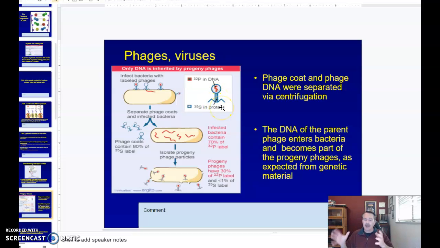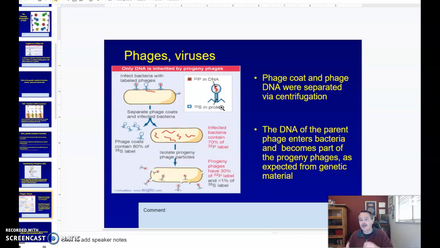And now they hypothesized, all right, if we have this virus that now has S35 on the proteins that are in the cell membrane, and we have this DNA that is radioactive with P32, and we have it now infect the bacteria, and the bacteria now makes new little cells, it's got to use some of the P32 and it's got to use some of the S35 to make new little organisms.